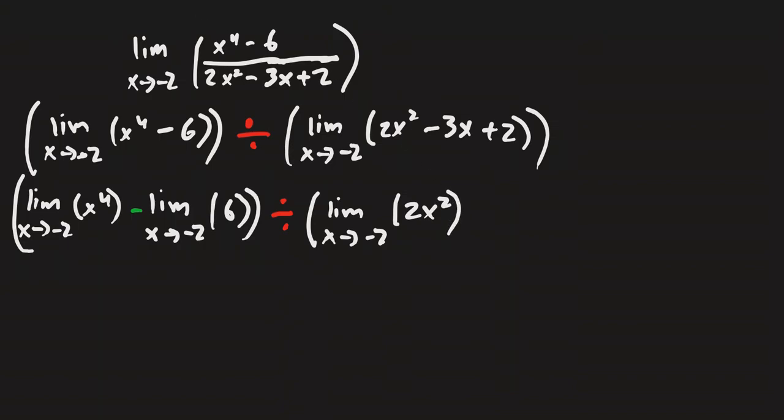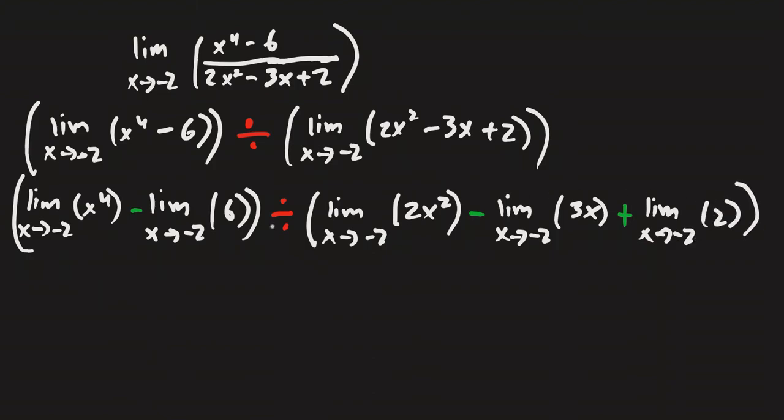So again, using the difference rule and the sum rule, 2x squared minus the limit as x approaches negative 2 of 3x plus the limit as x approaches negative 2 of just 2. So this is what we have.